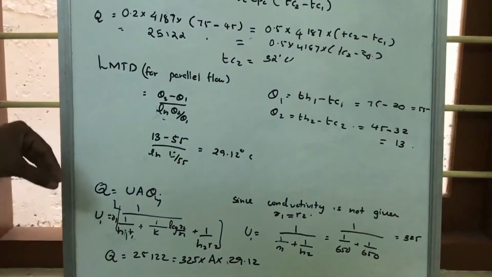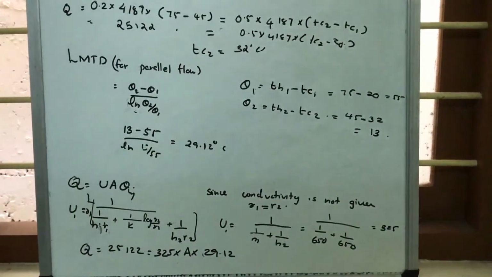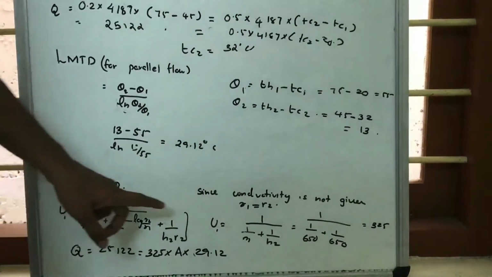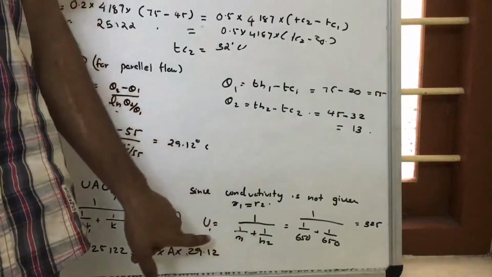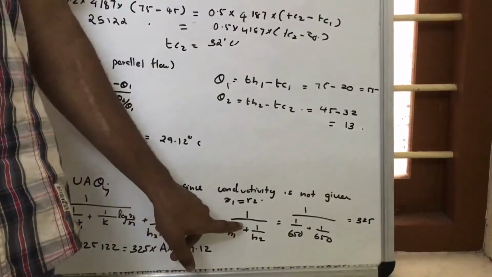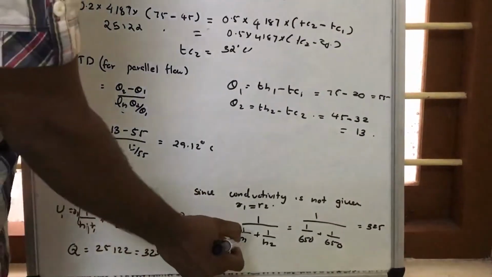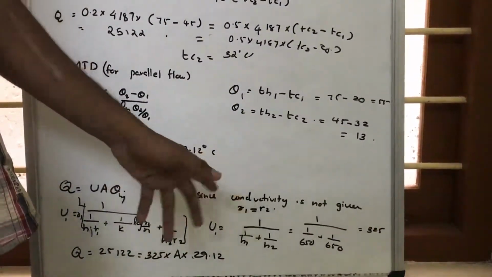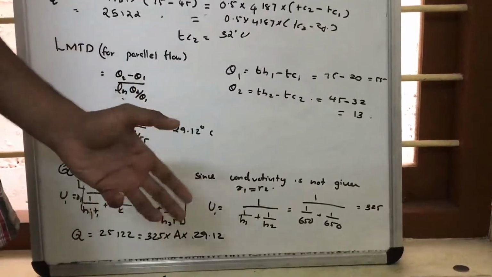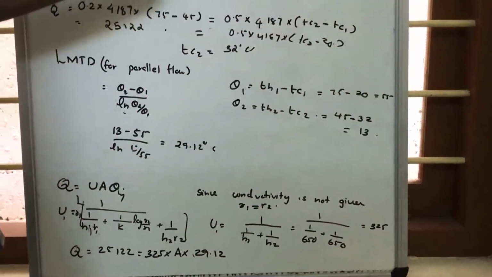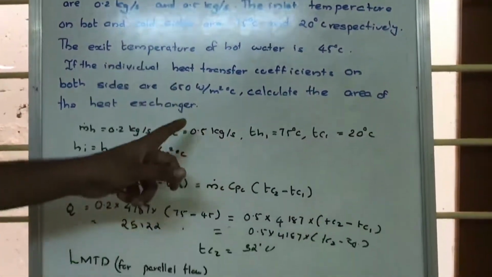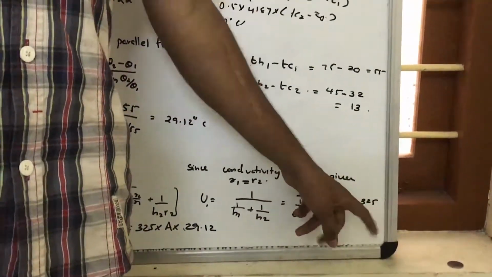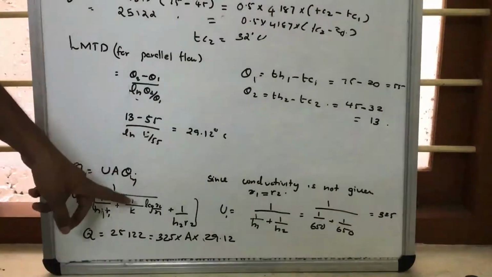Then the equation shrinks to U1 is equal to 1 divided by, 1 by H1 plus 1 by H2. It is also given that the heat transfer coefficient on both sides of the tube is 650, so H1 and H2 are 650. We substitute that and get U. So U is obtained and theta m is obtained.